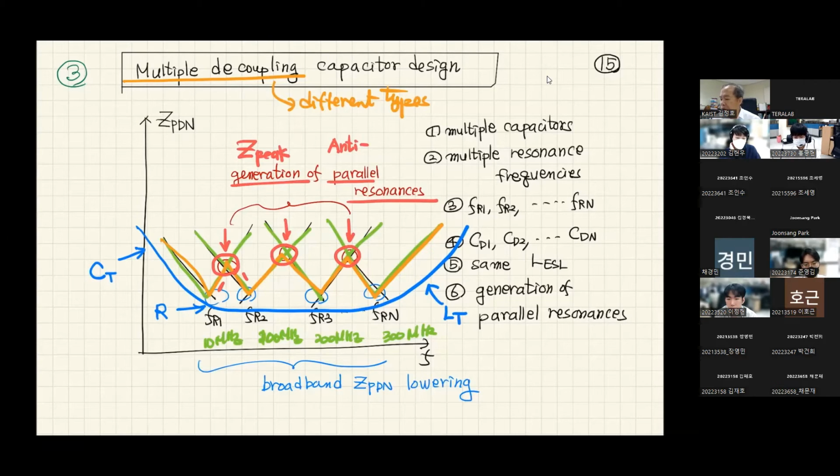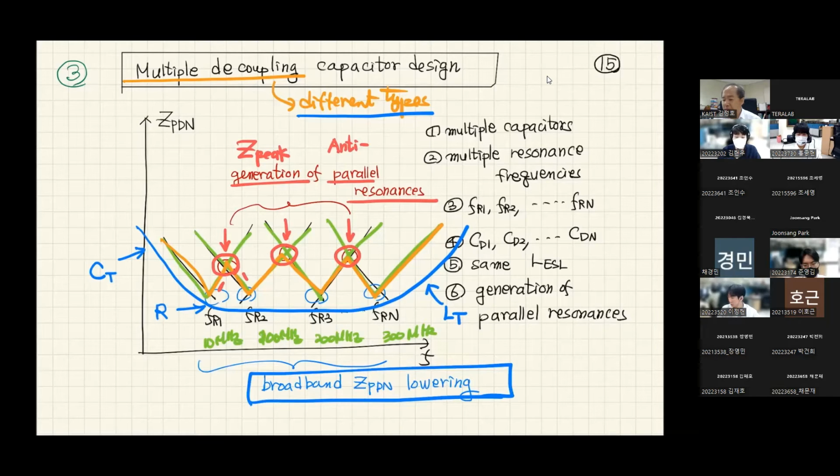So in conclusion, this multiple decoupling capacitor approach of different types helps with very broadband PDN impedance lowering. That is our acquisition from this approach. But the cost or problem generated by this approach is the generation of parallel resonances, and it's gonna be a big issue.